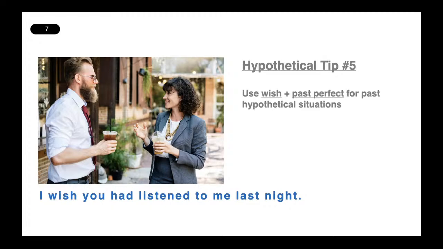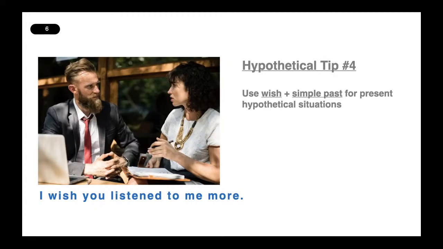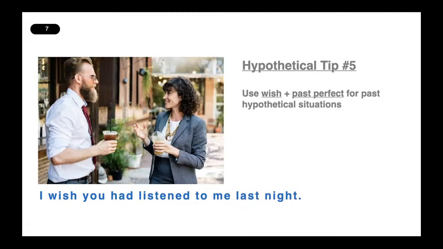Again, this is an unreal situation, which means that this person did not listen. I wish you had listened, but you didn't. And because of that, something bad happened. So again, hypothetical tip number 4 is wish plus simple past is for present hypothetical situations, and wish plus past perfect is for past hypothetical situations.